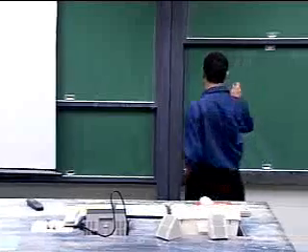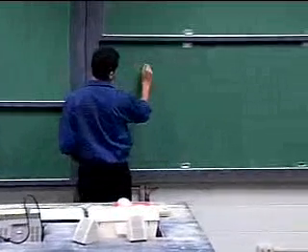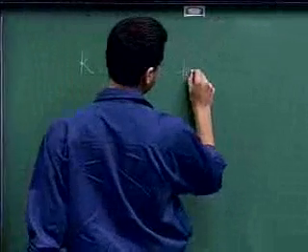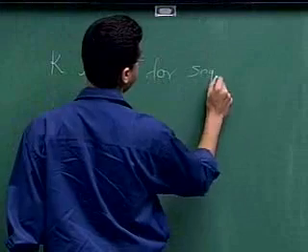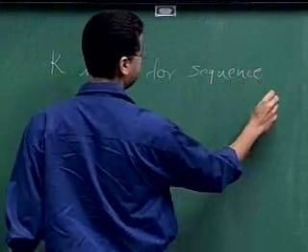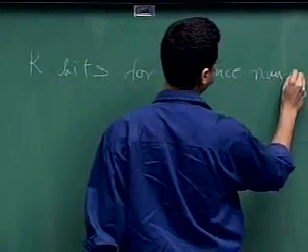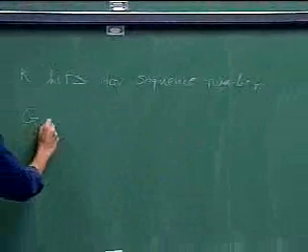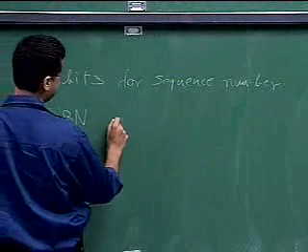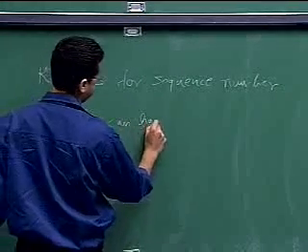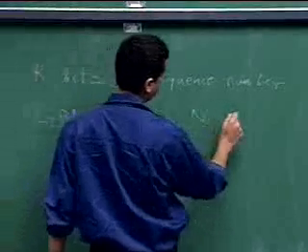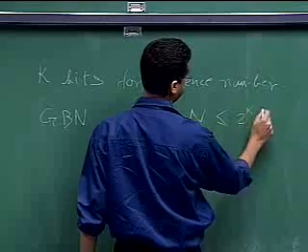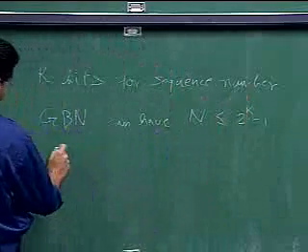And again, just to repeat, if you have k bits for the sequence number, then Go-Back-N can have N less than or equal to 2 raised to k minus 1 for selective repeat.